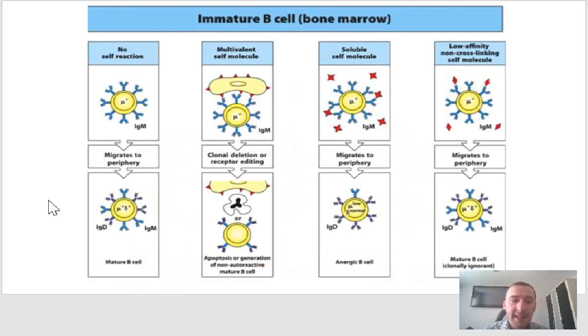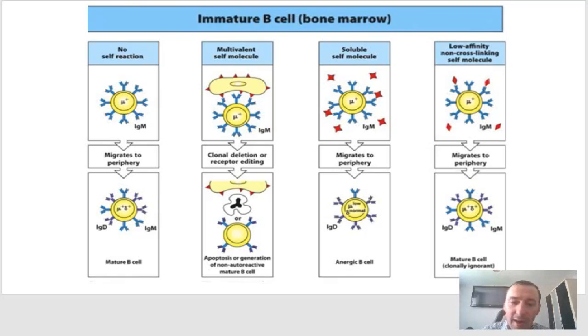Now, these are the options in a little bit more detail, I suppose. As you can see in the first scenario, the immature B cell undergoing the process of development doesn't react against self-antigen, and can subsequently become a mature B cell and make its way to the lymph node.